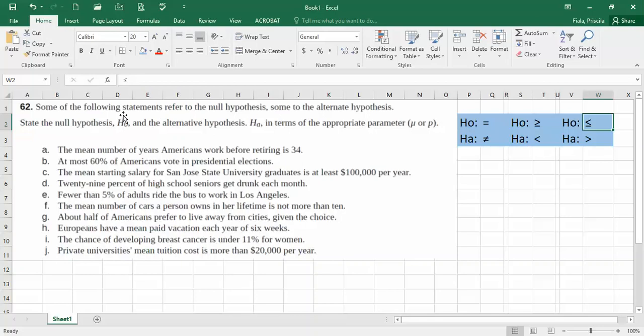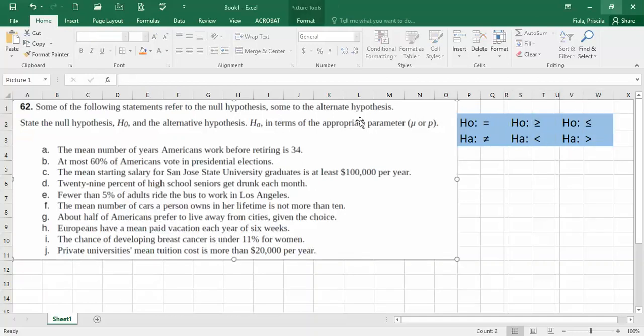And that's why I put this sentence here, to see if I can help you choose which to use based on your claim. So let's start over here. I was going to assign number 62 for you to do on your own, but that's the one I'm going to be using for the example. Okay, so let's see.